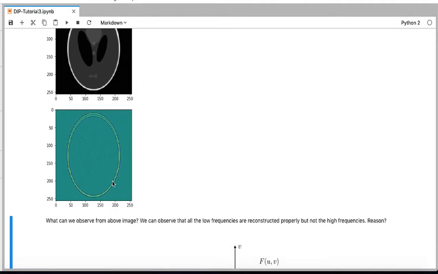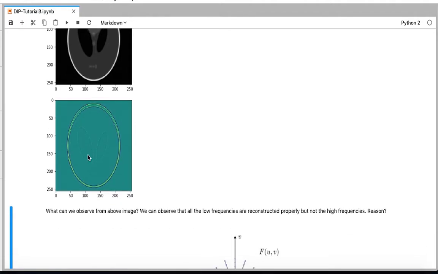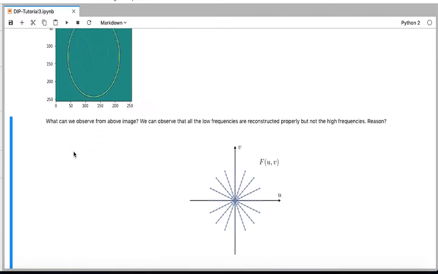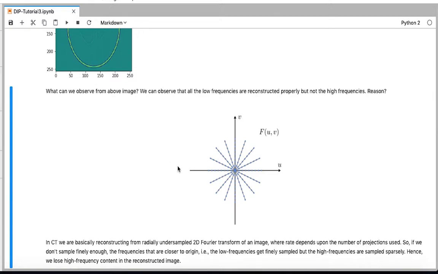From this, what we can observe is it's able to reconstruct the low frequencies really well, but in the high frequencies, such as the edges, it fails to reconstruct them. We'll see why it happens, and it's obviously intuitive. What are we doing when we're reconstructing this image?